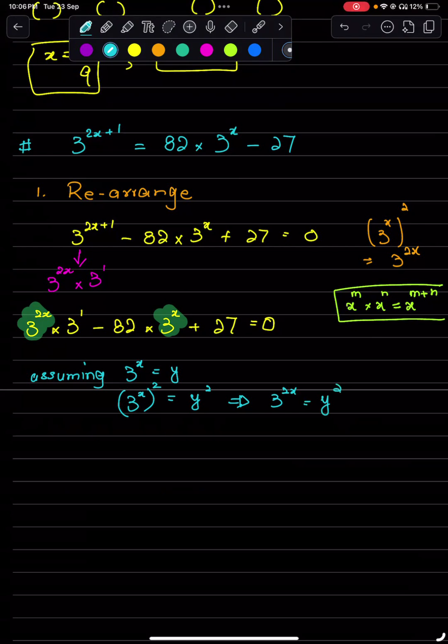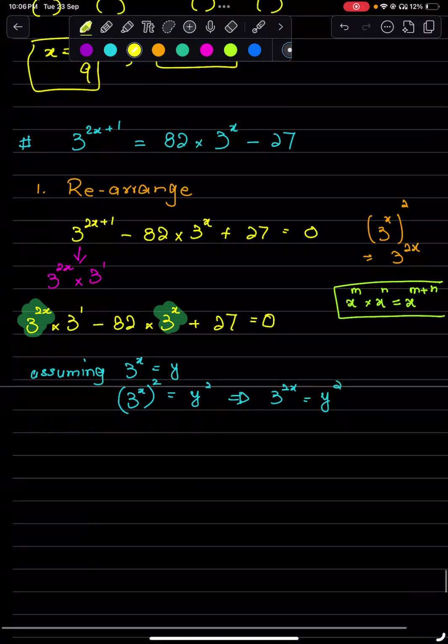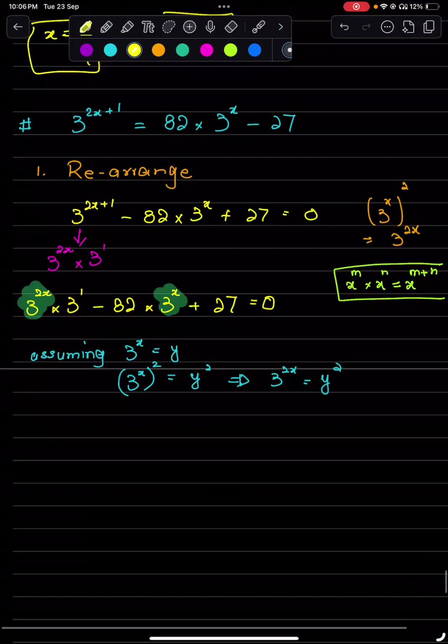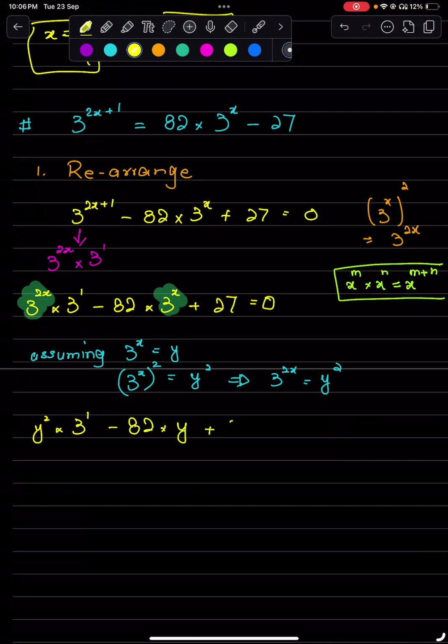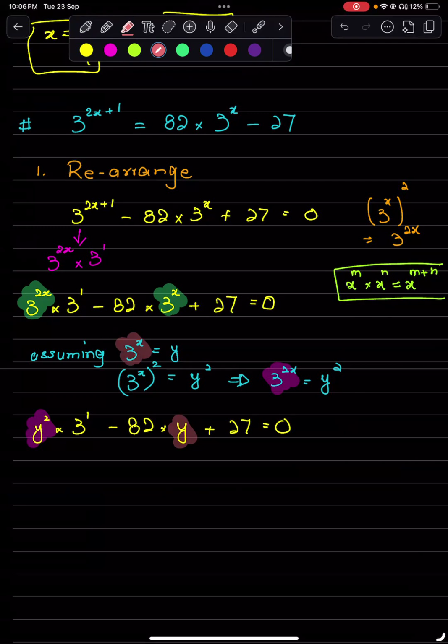This is what we want. Now our equation would be in terms of quadratics, right? So y squared into 3 to the power of 1 minus 82 into y plus 27, and we would rearrange. This y squared is actually equal to 3 to the power of 2x, and this y is actually equal to 3 to the power of x. Make sense?